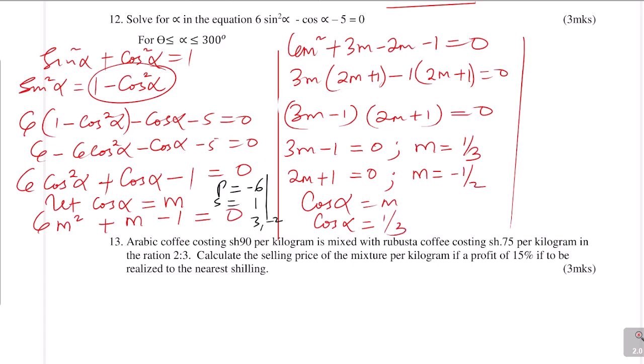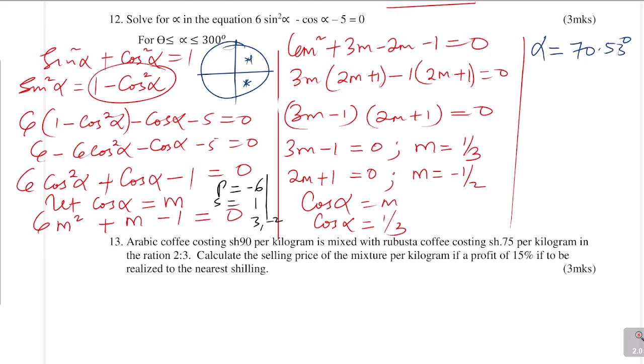Now using the unit circle, we're going to get the angles in the range 0 to 360. Where is cosine positive? Because this is positive a third. Cosine is positive in the first and the fourth quadrant. So get the cos inverse of a third. Alpha will be 70.53.